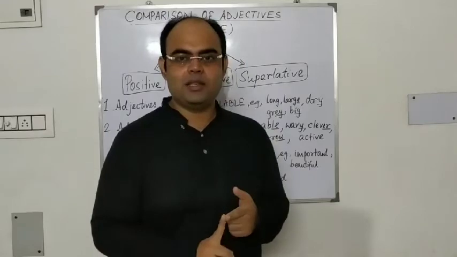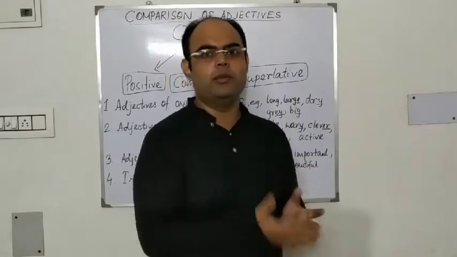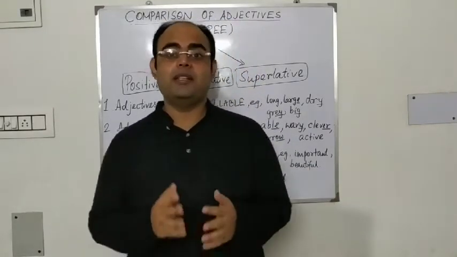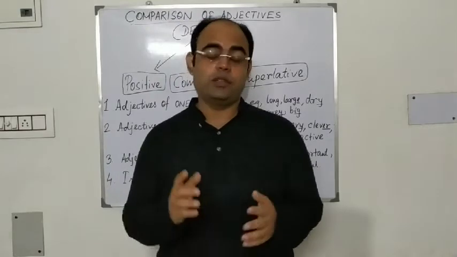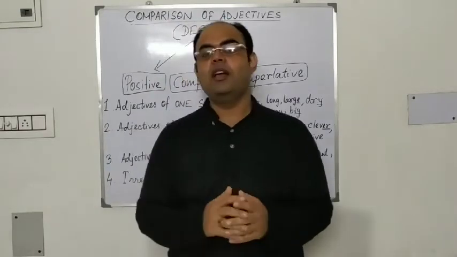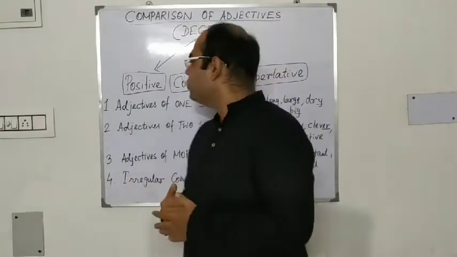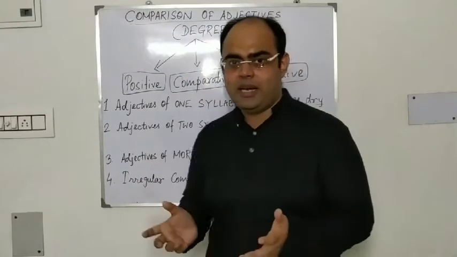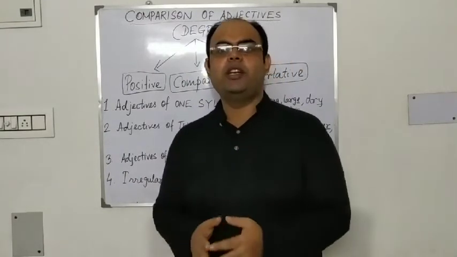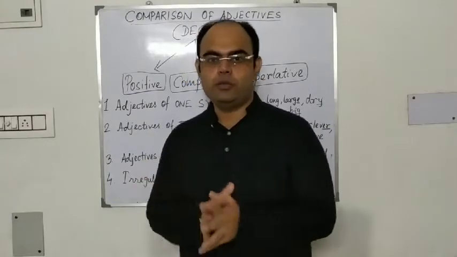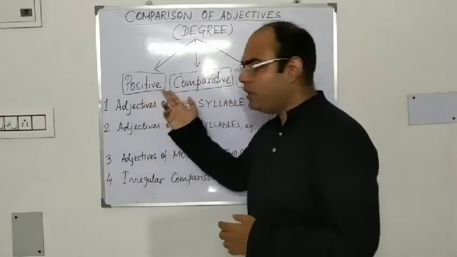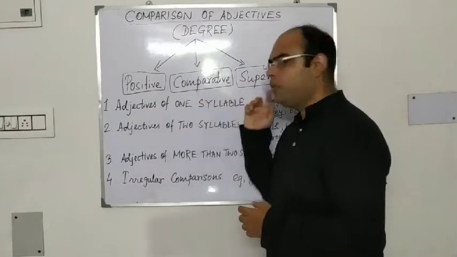It should be at least 3. It can go to 3 million or 3 billion, whatever. But the comparison must be among at least 3 or more. So we see that the degrees of adjectives can be divided into 3 parts: positive degree, comparative degree, and superlative degree.